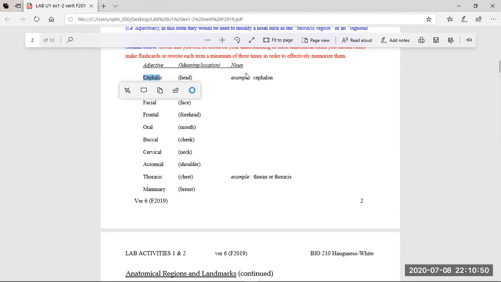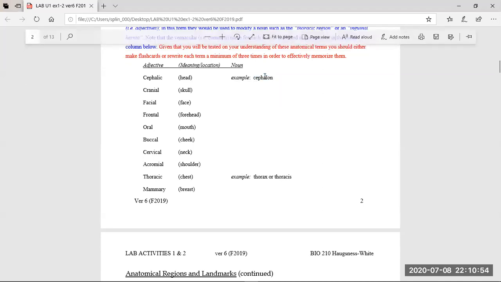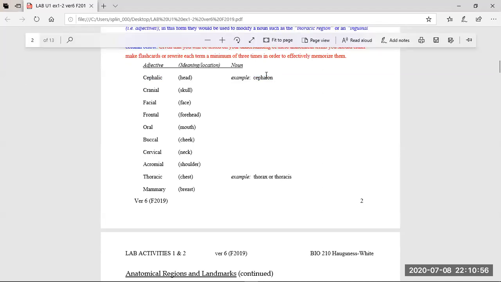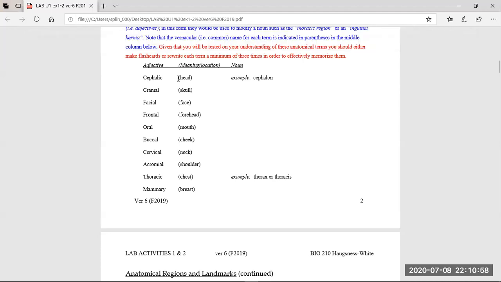There's the noun, cephalon. So it's truly either of these terms that we want to use. And then we have just the English term. Cephalic region, the cephalon, that's what we commonly call our head. However, it's the adjective or the noun form. That's what we're truly focused on learning.